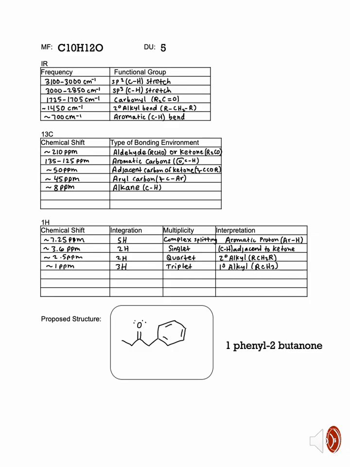This structure is a 1-phenylbutanone, but the H1 NMR showed that there is a carbon between the ketone and aryl group, proving the proposed molecule to be 1-phenyl-2-butanone.